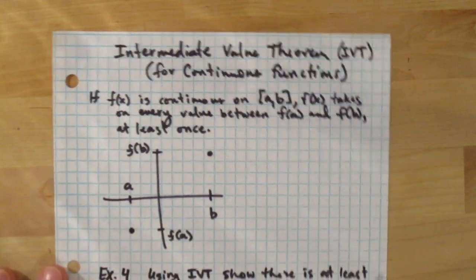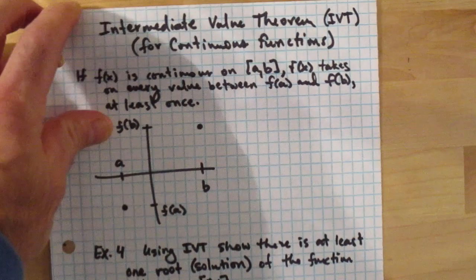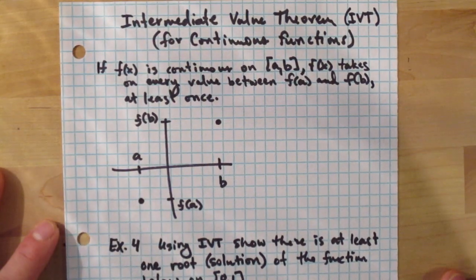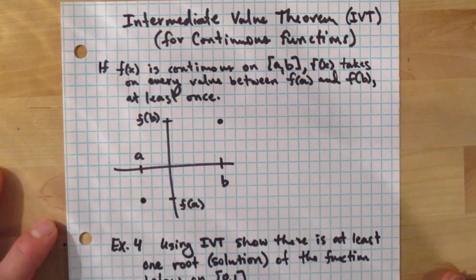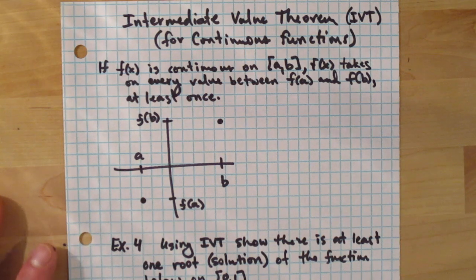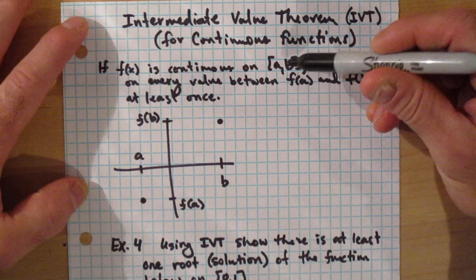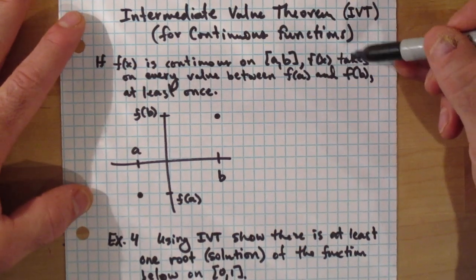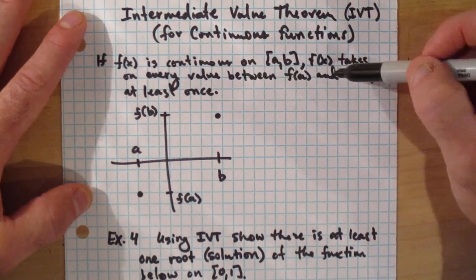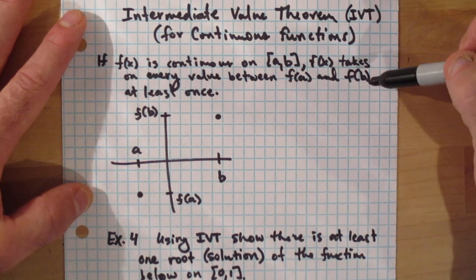Okay. Let's continue on here. I'd like to talk about the intermediate value theorem, which is one of our important theorems. The intermediate value theorem, we call it IVT, is for continuous functions only. So if f of x is continuous on a closed interval from, let's say, a to b, f of x takes on every value between f of a and f of b at least once.